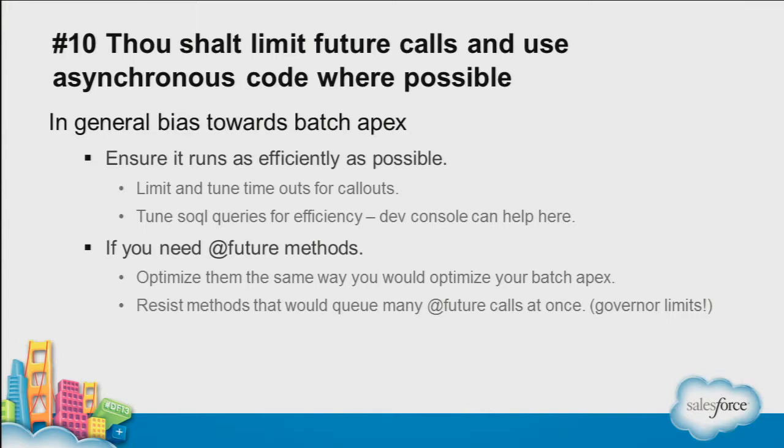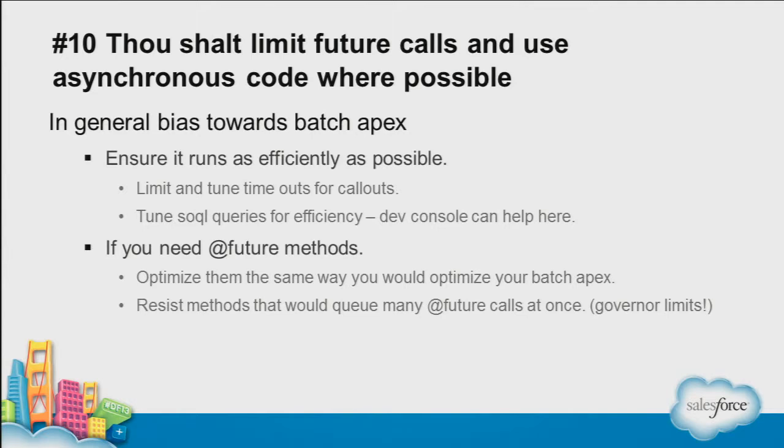When you're doing either one of these, you need to tune what you're working with. Even though there are relaxed governor limits for asynchronous apex, for batch and @future methods, you still need to tune your callouts. If you're going to call out to an external third-party web service, or you're making a SOAP call, tune those for timeouts.